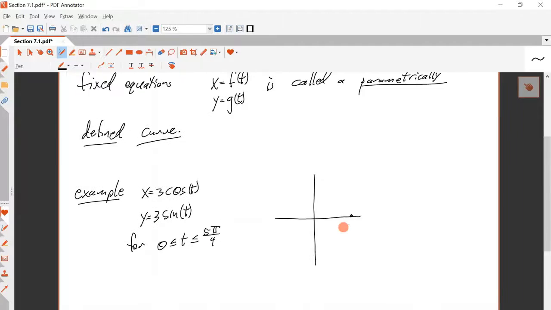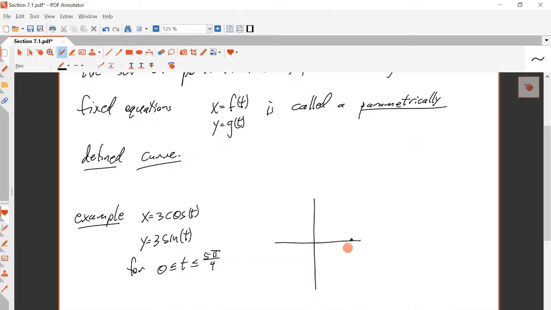So if you take these points here, or you take the circle of radius 3 centered at the origin, right, so here's x equal to 3, here's y equal to 3, or y equal to 3, x equal to 0, x equal to minus 3, y equal to 0, and x equal to 0, y equal to minus 3.